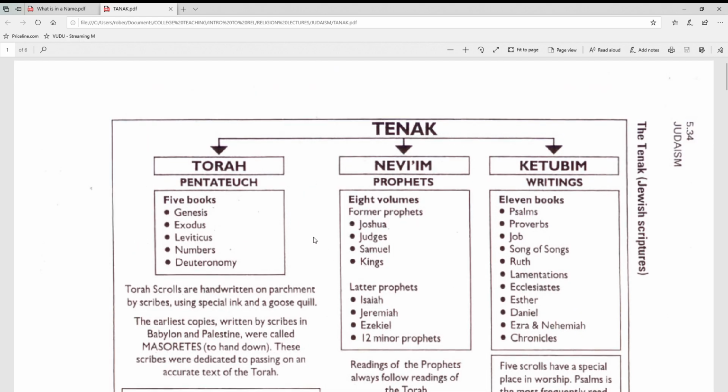You have 613 laws that are written here, mostly in Leviticus, but you have some in Exodus, Numbers, and Deuteronomy. The large portions of those books are written around 800 to 600 BC.